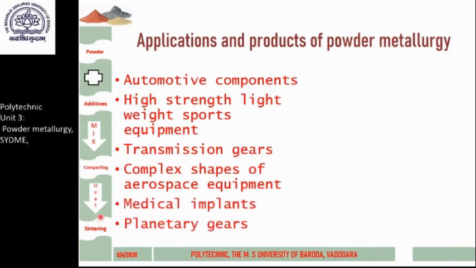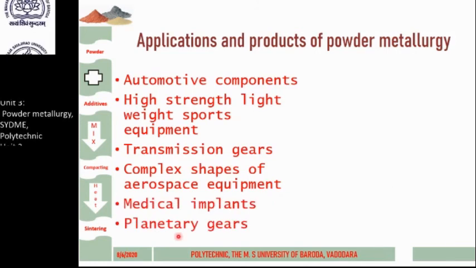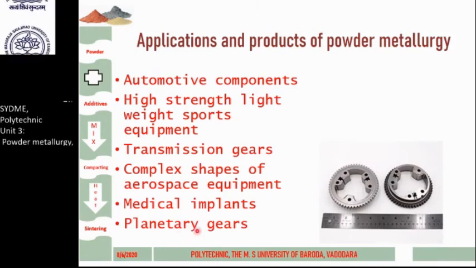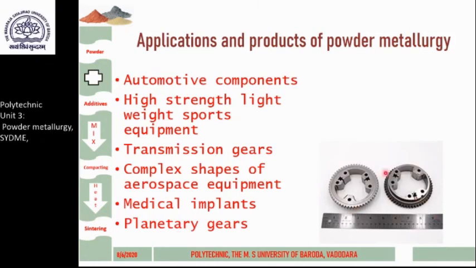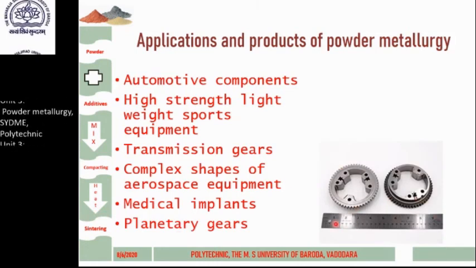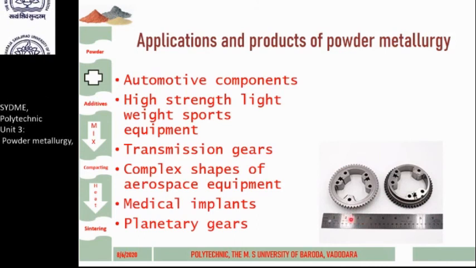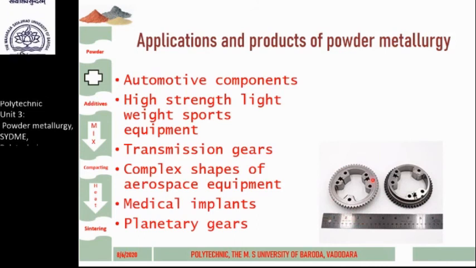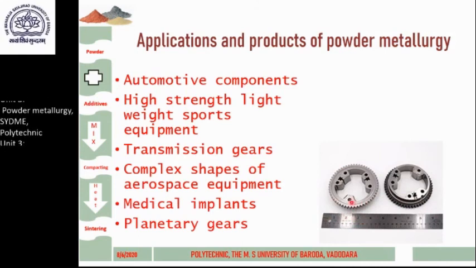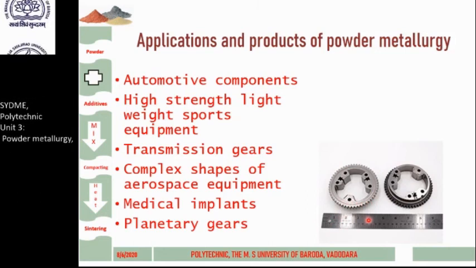And medical implants and planetary gears. You see, these are the components of planetary gears, which are also very small components. If you wish to manufacture such parts by casting or by machining, it is going to take a lot of time.